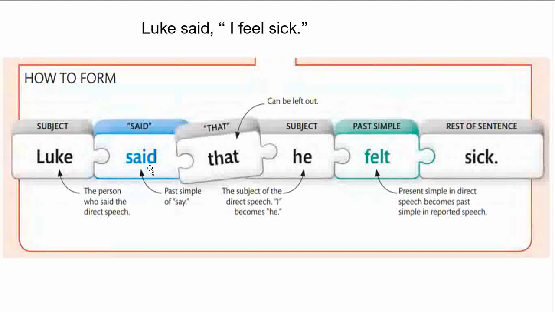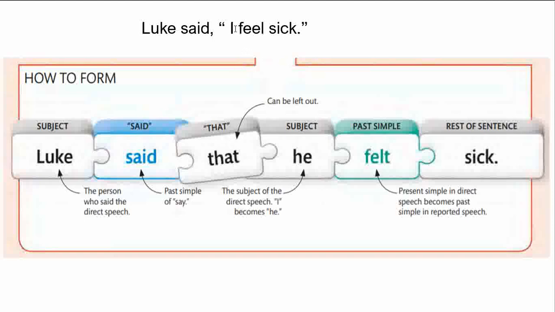Now when we have the word said, we have the permission to change the tense in the expression. Now to remove the comma and inverted commas, we bring in the word that. It can be left out in a conversation, but in writing it is generally advised, if you're writing for an examination or marks, definitely include this connector.